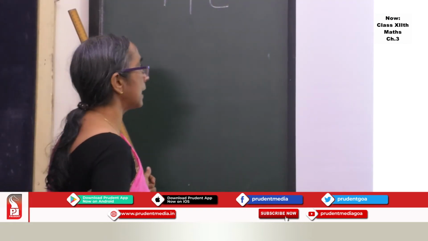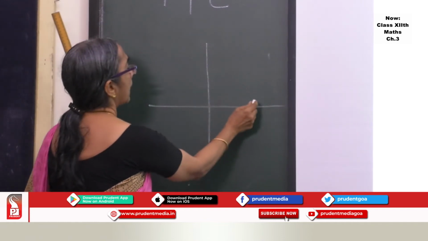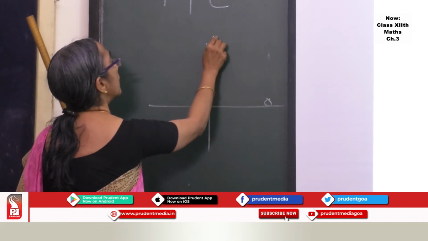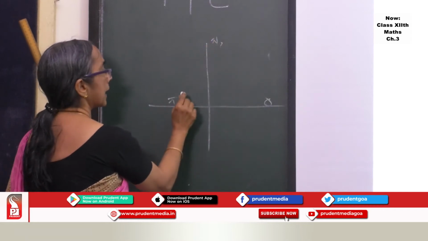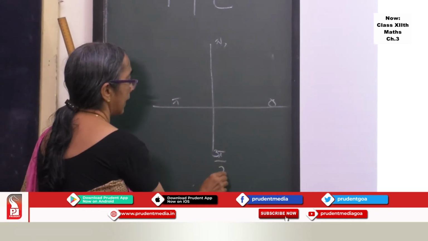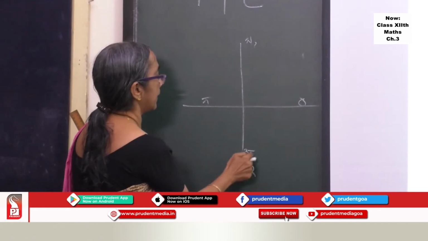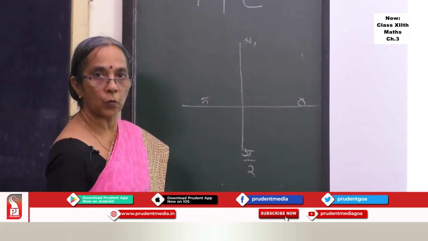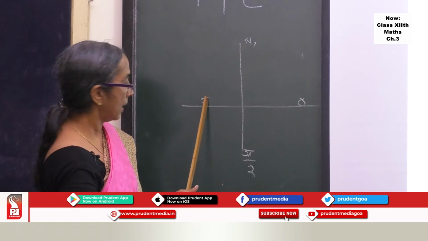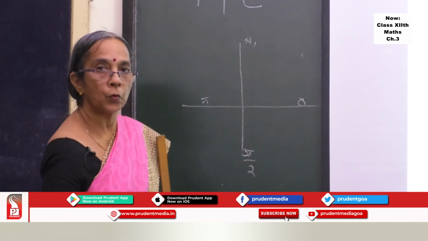We have done angles last year in the first quadrant, second quadrant, third quadrant, fourth quadrant. 0 to pi by 2 first quadrant, pi by 2 to pi second quadrant, pi to 3 pi by 2 third quadrant, 3 pi by 2 to 0 fourth quadrant.